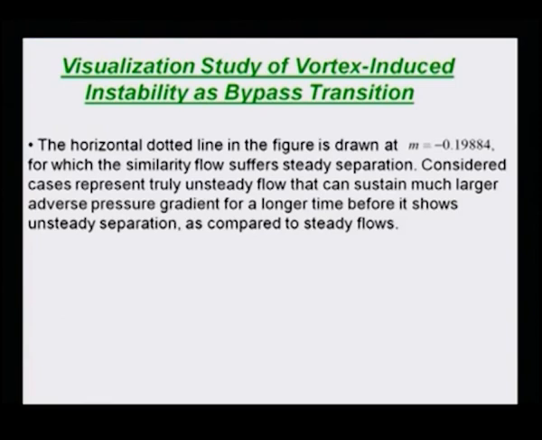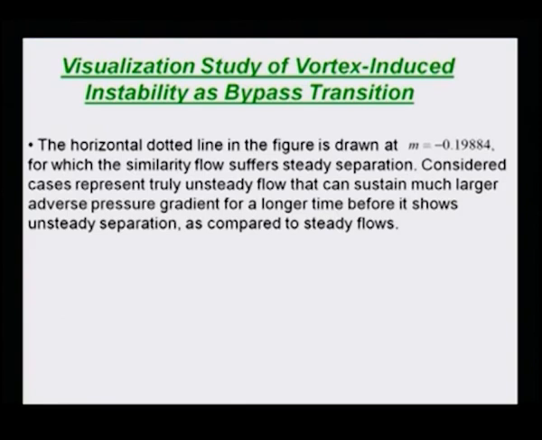Okay. I explained to you that the horizontal dotted line is drawn at this value of m, for which the similarity flow suffers steady separation, and we are looking at truly unsteady flow, which can sustain much higher values of m and still not show separation.